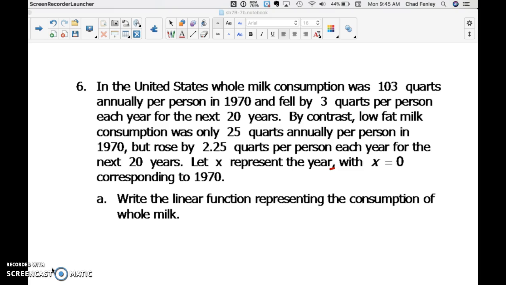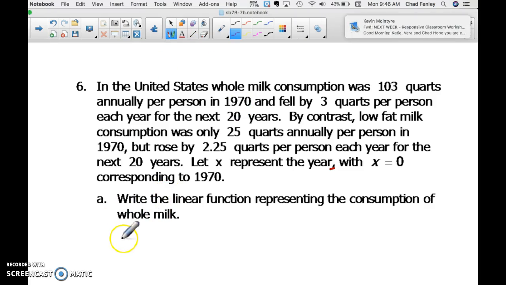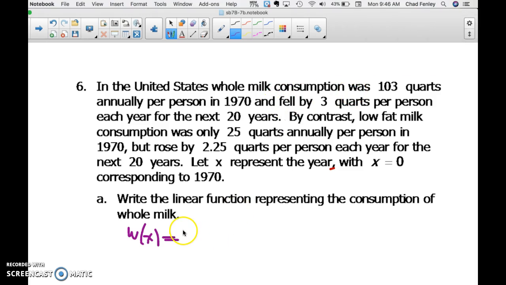It says write a linear function representing the consumption of whole milk. Whole milk consumption was 103 quarts annually per person in 1970. So for whole milk, W of X equals 103 minus 3x.